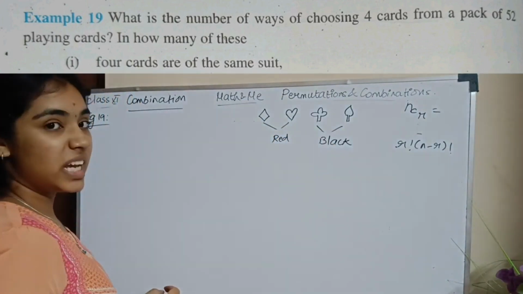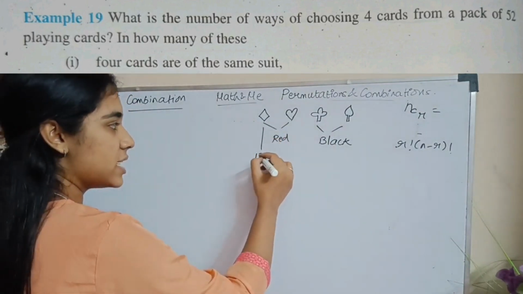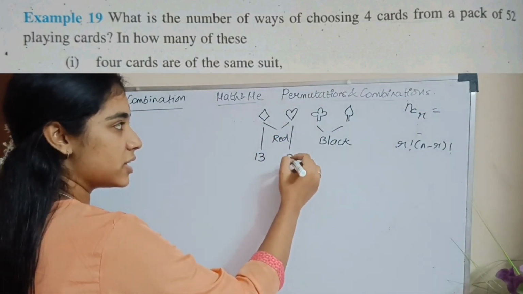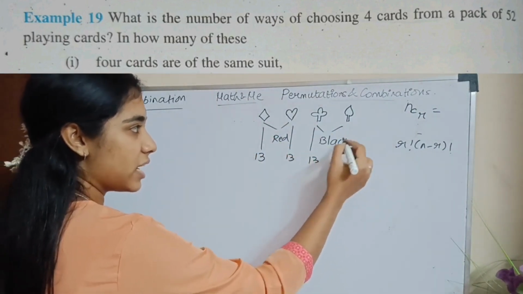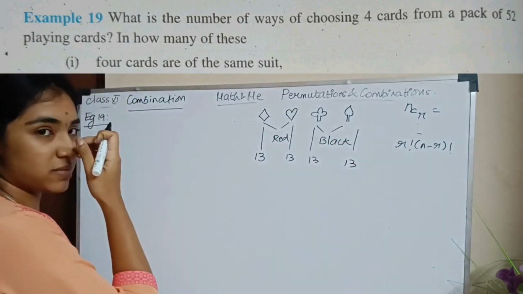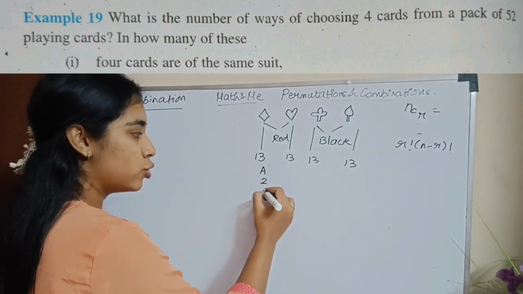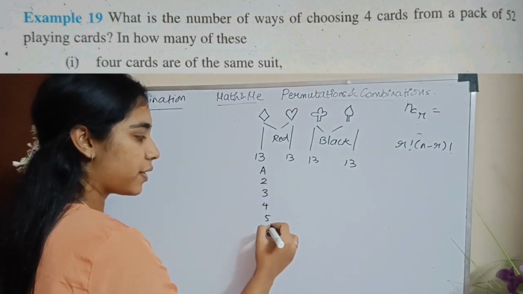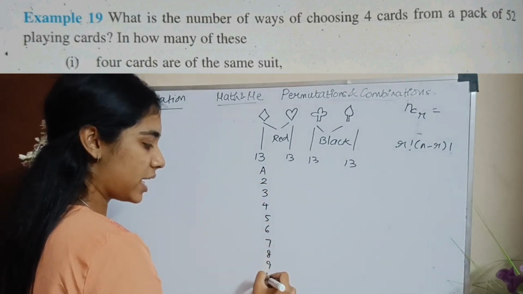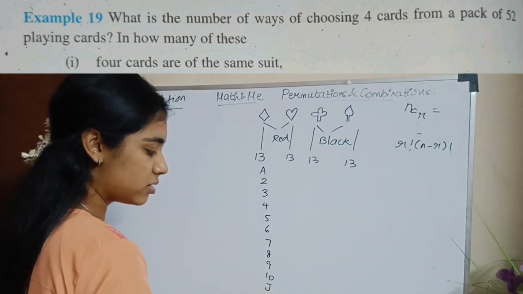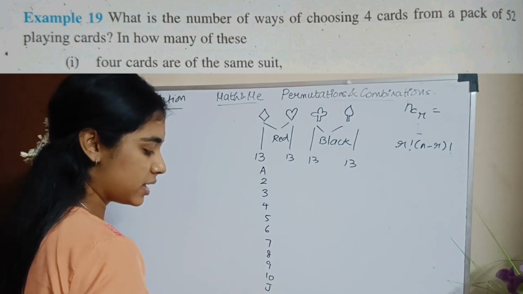You have 13 cards each. So there are 13 diamonds, 13 hearts, 13 clubs and 13 spades. So what are the 13 cards? A, 2, 3, 4, 5, 6, 7, 8, 9, 10, Jack, Queen, King.